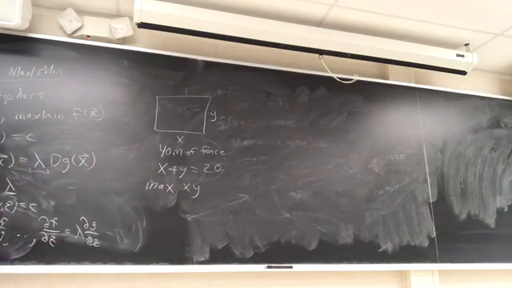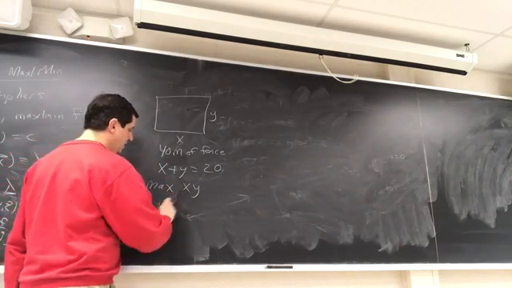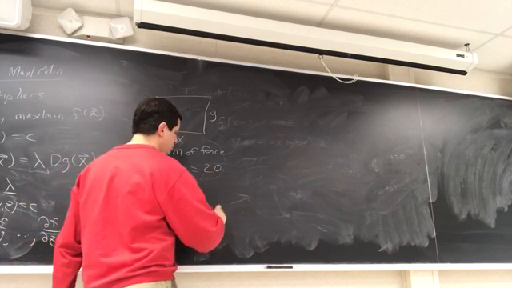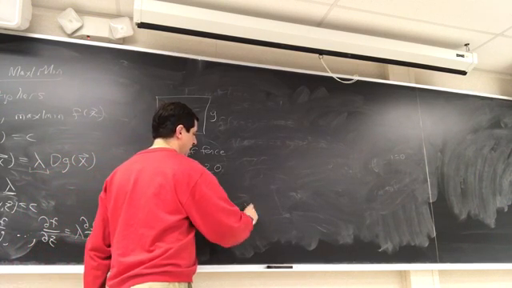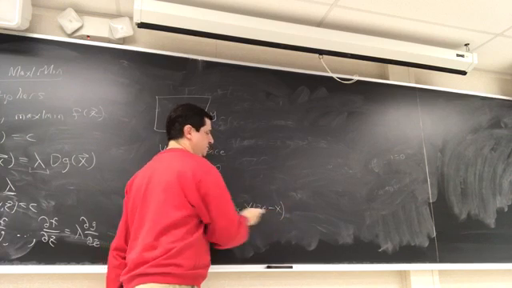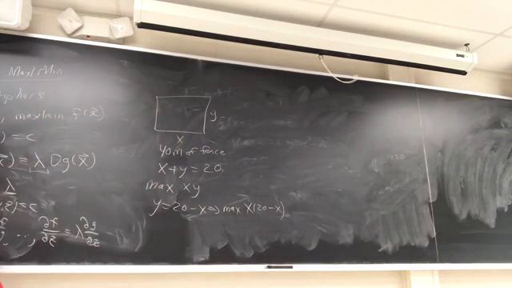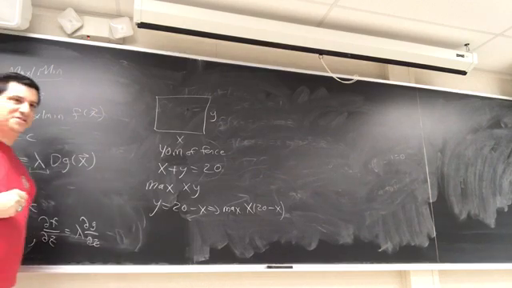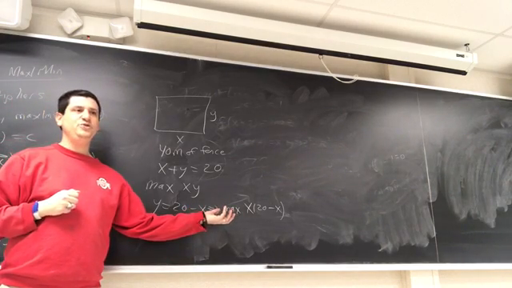The way you normally do this is you say, well, y is 20 minus x, so we want to maximize now x times 20 minus x. And when you're trying to maximize x times 20 minus x, what rule should we use to differentiate?